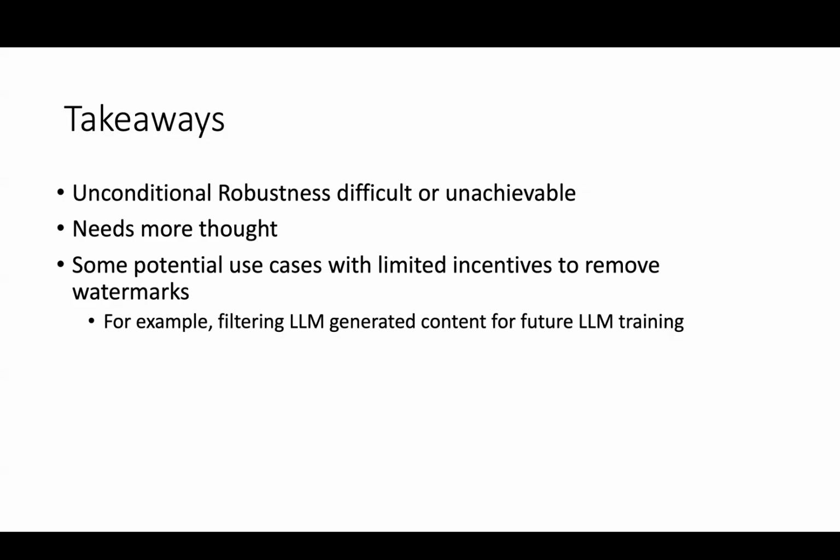we cryptographers often get excited about attackers who have all the power, but there are settings where attackers don't really have an incentive to, or where it's not relevant whether the attacker modified the text or not. For example, when OpenAI is training new models, they are collecting data from the internet, and they don't want to train their model on data that they had generated themselves with the prior model. So this is a problem for them.